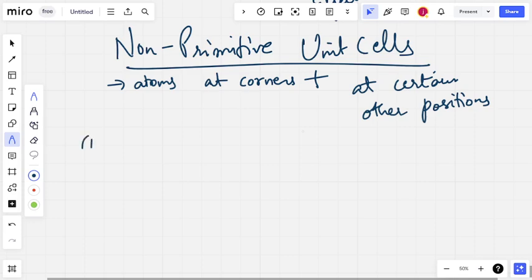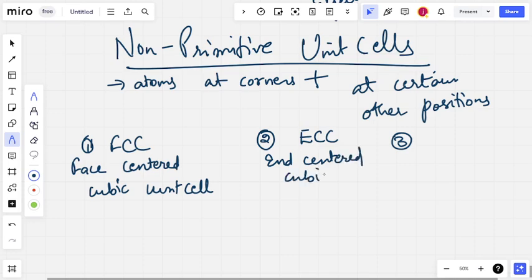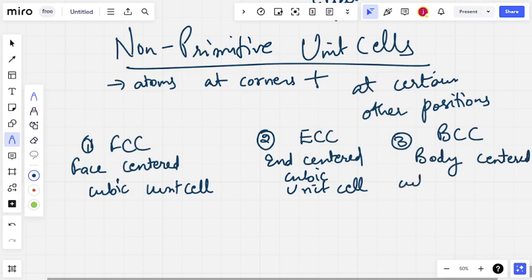In this we have to check three categories. The first category is FCC, face centered cubic unit cell. Then there is ECC, end centered cubic unit cell. Then we have the BCC, body centered cubic unit cell.